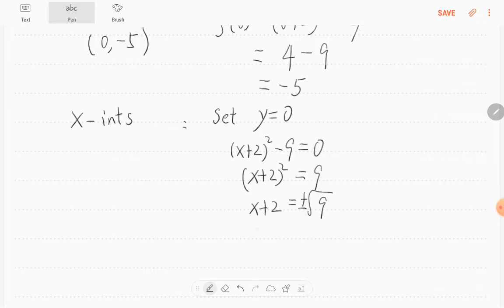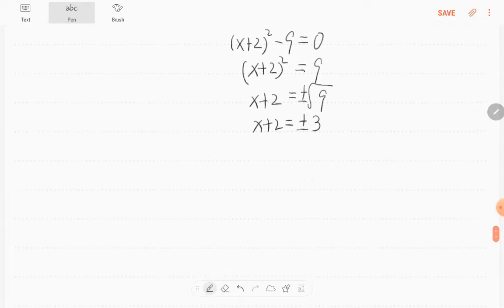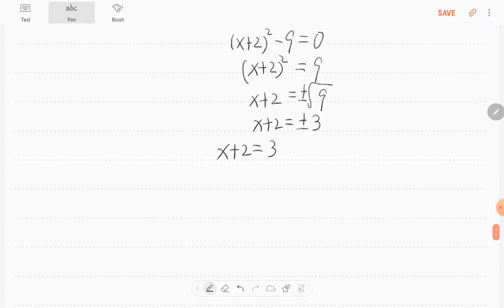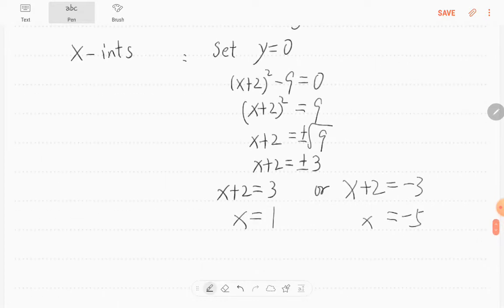So you have two equations: x plus 2 equals 3, or x plus 2 equals negative 3. For the first equation, you subtract 2 on both sides, so x equals 1. For the second, you subtract 2, so you get negative 5. So in other words, you will have two x-intercepts. One is (1, 0). The other one is (negative 5, 0).